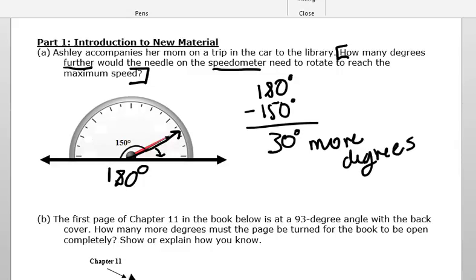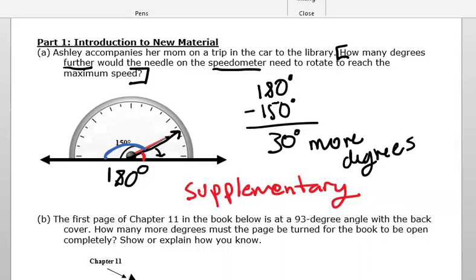And that would put her at 180, which would be a straight line, which means these two angles right here, this angle and this angle, that 30 more degrees she would need to go, if I added them together, they would be supplementary angles. Supplementary is a hard one for me to spell. Supplementary. All right. So these two adjacent angles are supplementary.